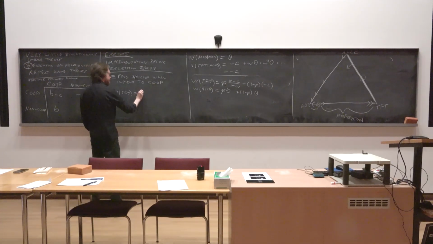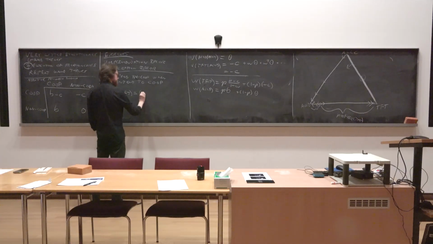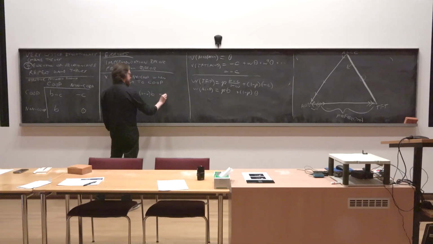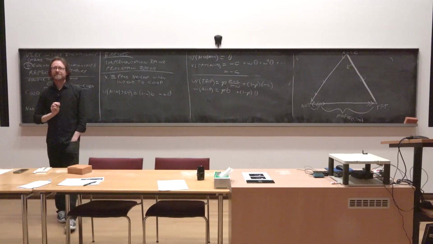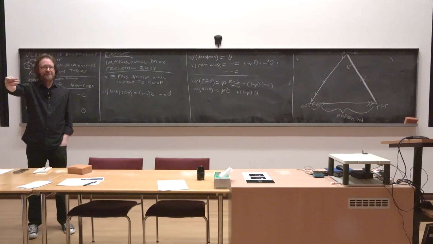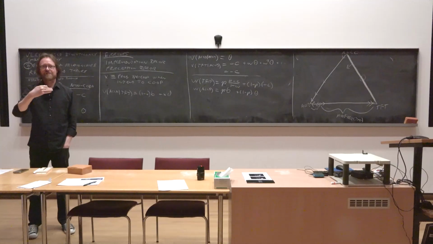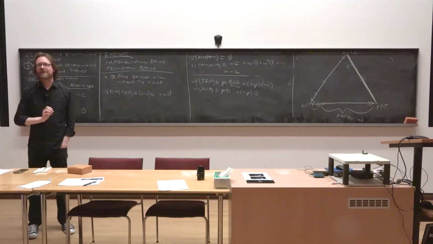So 1 minus x of the time, you get B. Remember, you're all D, so you get a benefit. And x of the time, you get nothing. Then on the next turn, if you interact again, the tit for tat will simply copy your behavior, but you defected, so the tit for tat defects. There's no error in the other direction, and so you just don't cooperate with one another forever.